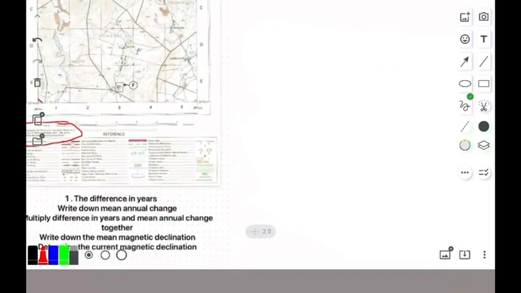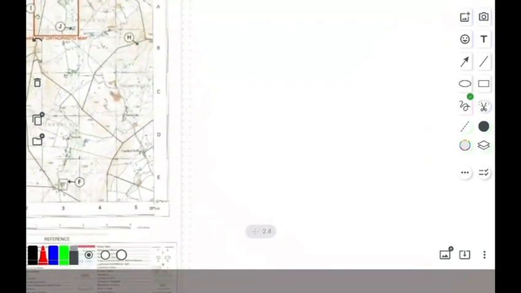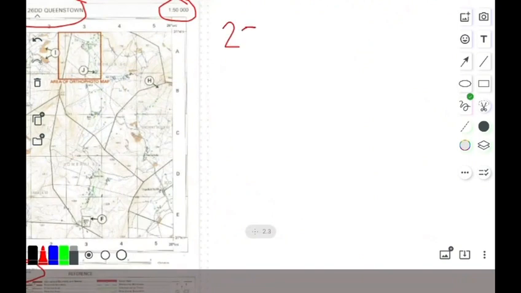On the Queenstown map, the mean magnetic declination is 28 degrees 25 minutes west.